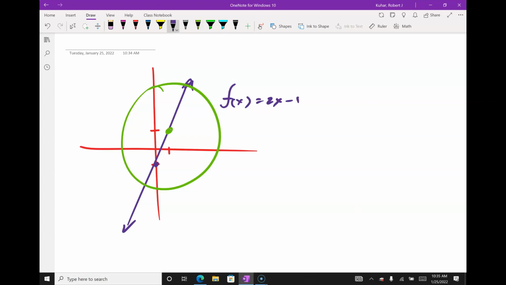There's the center of my circle. And this guy's got a radius of epsilon.